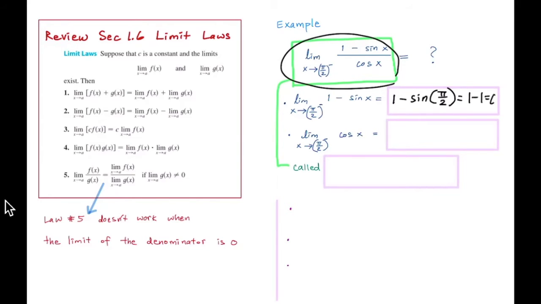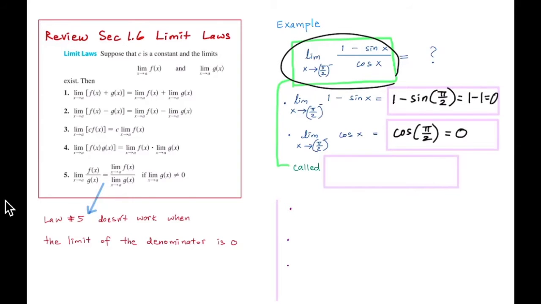So this limit is 0. The limit for the denominator is again, I can just put in pi over 2 into cosine because cosine is continuous at pi over 2 and cosine of pi over 2 is 0. This is a situation which we don't know how to compute using calculus 1 rules.